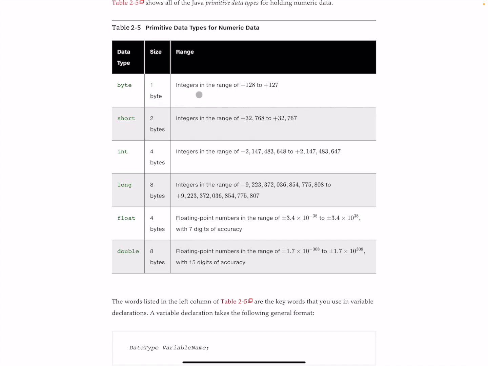A byte can only be an integer from -128 and then 0 clearly to positive 127. So if you're looking at things like a month code for the year, those are 1 through 12. A byte makes a lot of sense because it's super small.